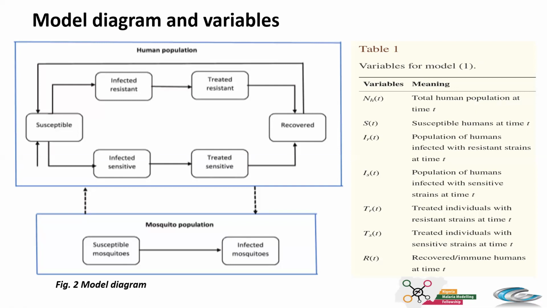Then the infected compartment is divided into those infected with the resistant strain and those infected with the sensitive strain. Along those lines, they go ahead to be treated for the resistant strain and also for the sensitive strain. Then they move into the compartment for the recovered individuals, albeit temporary.